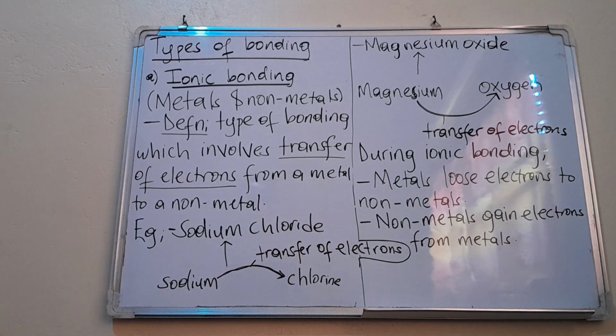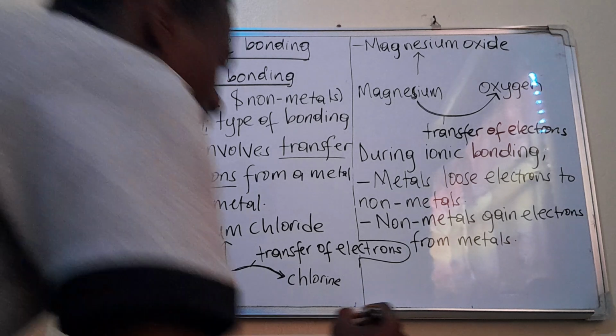So when metals lose electrons, they form positively charged ions. Metals lose electrons to form positively charged ions.